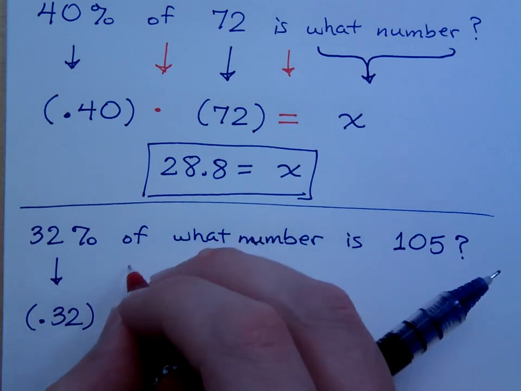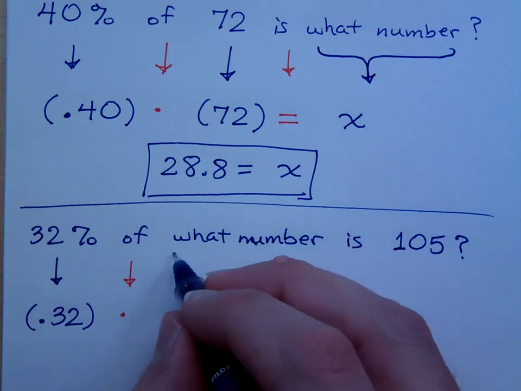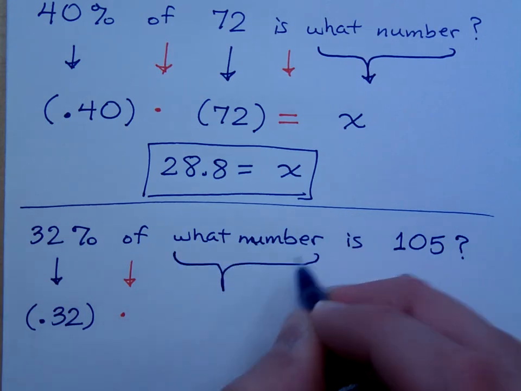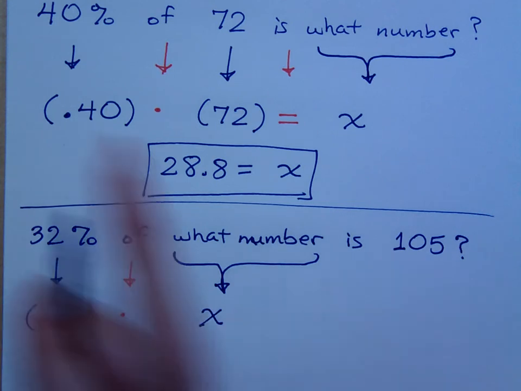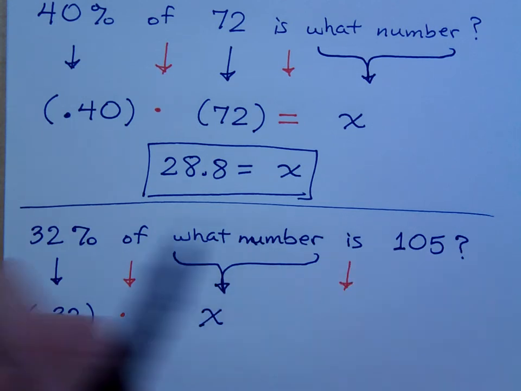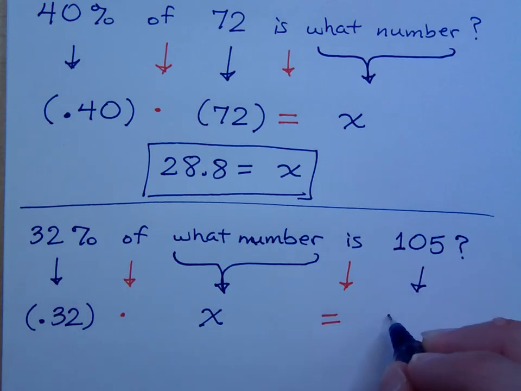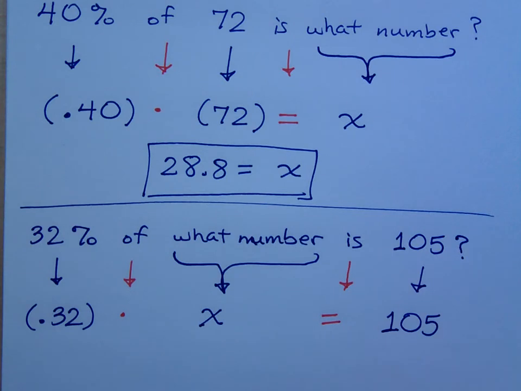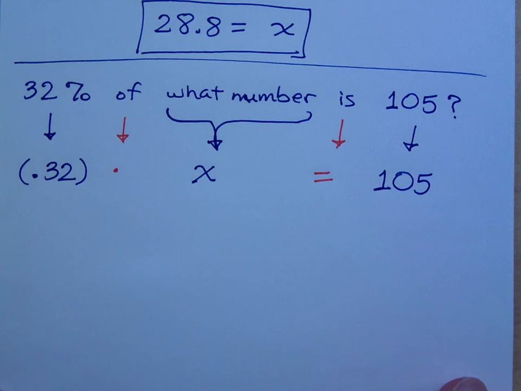How do we translate the word of? Multiplication. We translate what number to be X. Is becomes equals, and then of course 105 is just 105. Do y'all agree?